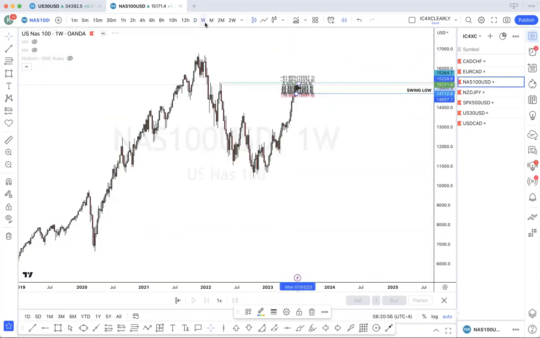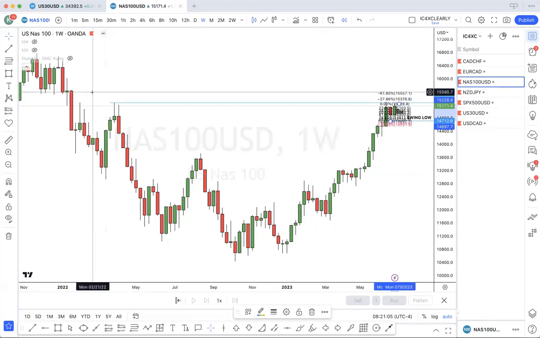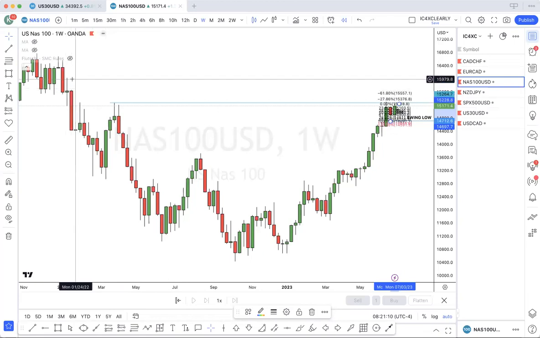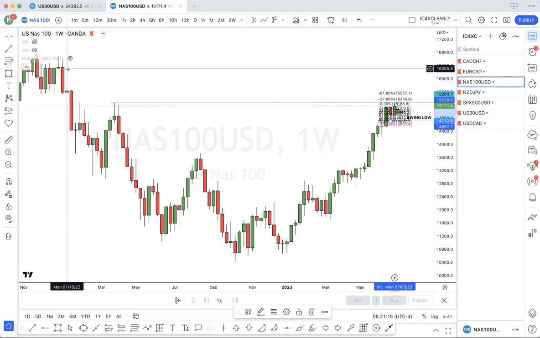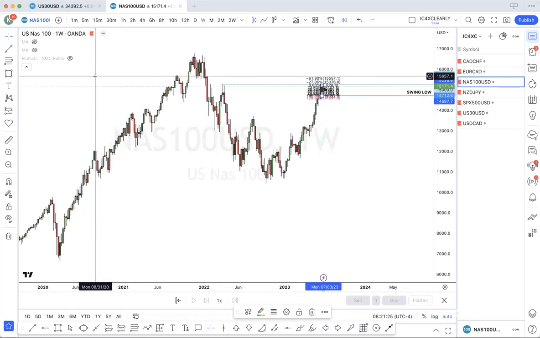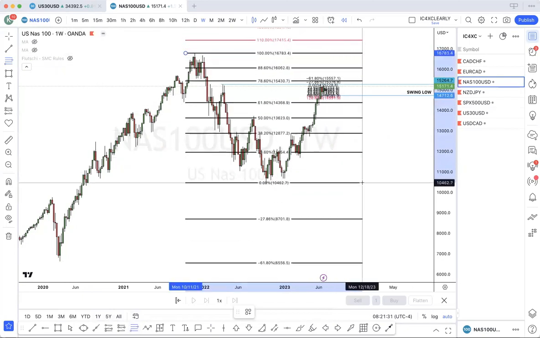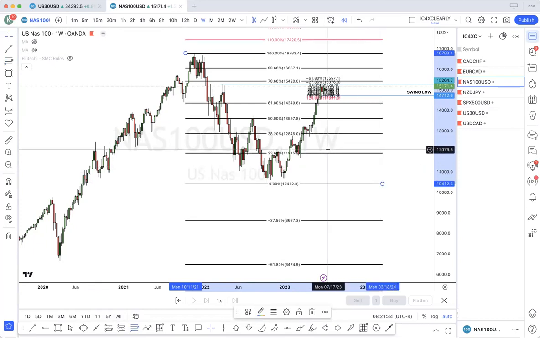And if we go back to the weekly, the negative 27 is in alignment with this order block, even the negative 618 to the wicks of this order block, or price could just continue buying up until it fills this imbalance in area of supply, which would be up to the 88.